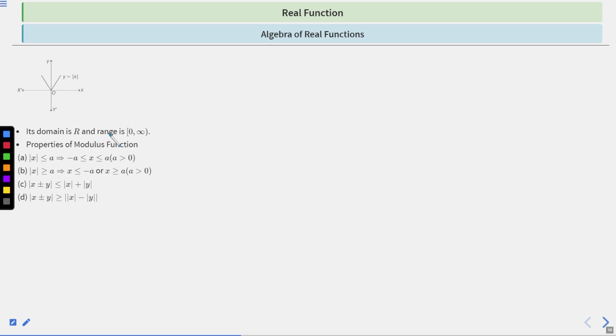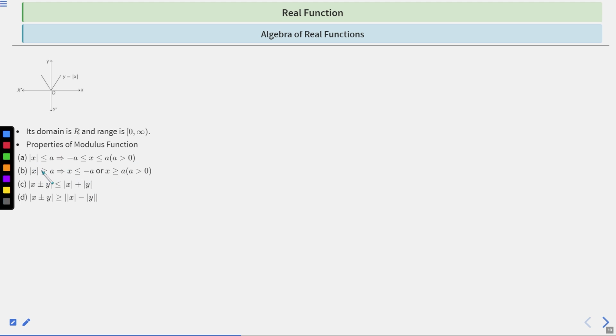Its domain is R, right? Domain is all real values and range is 0 to infinity, right? Because it is always positive, right? Properties of the modulus function. Part A: mod x less than or equal to a implies x is from minus a to a, where a should be greater than 0.